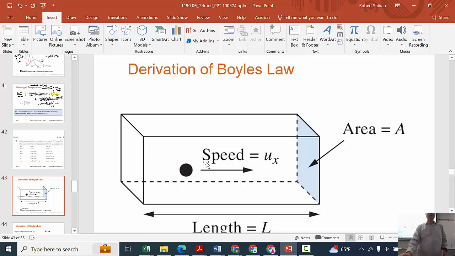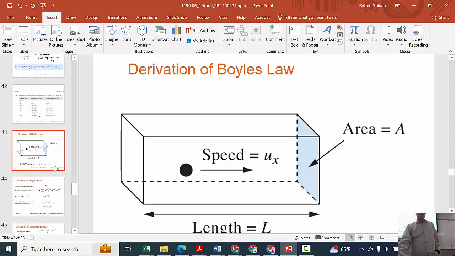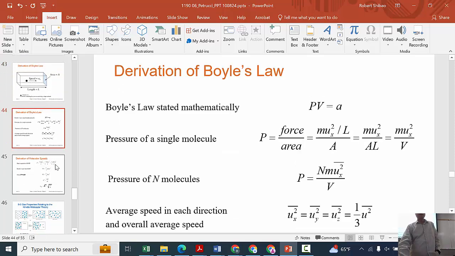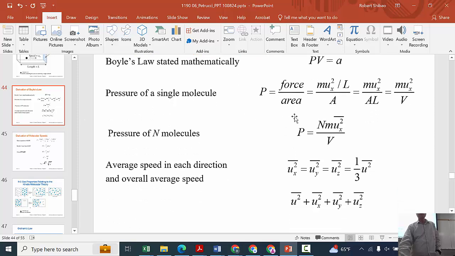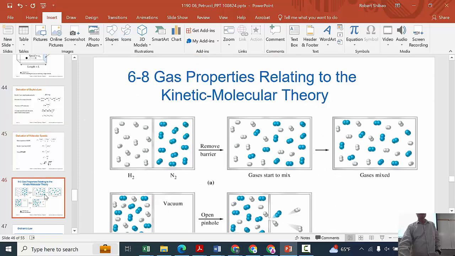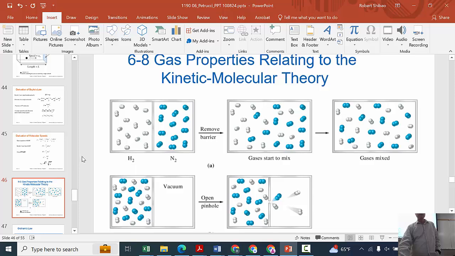And so here, what they're doing is a derivation of Boyle's law using kinetic molecular theory. Boyle's law originally was determined by Boyle using experimental observations. But here we can use kinetic molecular theory to derive it. This is interesting, but you don't have to worry about this. They're just using the equations from kinetic molecular theory to do that.